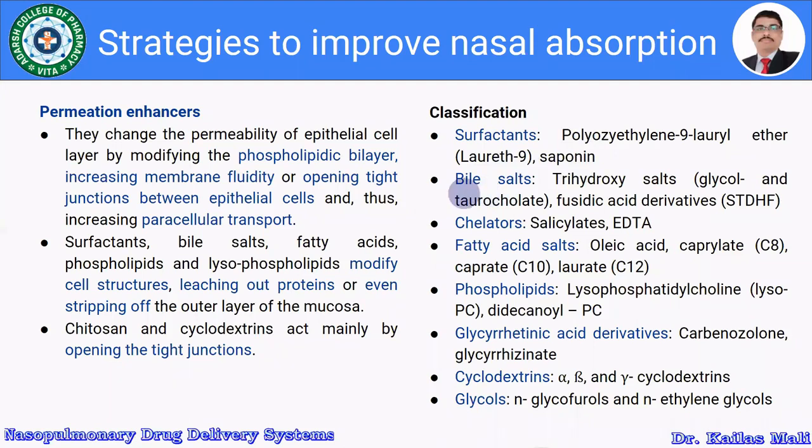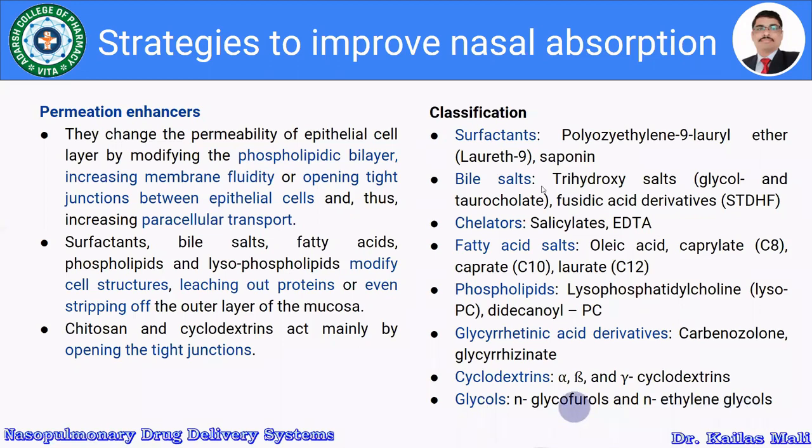Then the bile salts, like trihydroxy salt, glycocholate and taurocholate, fusidic acid derivatives; chelators, for example salicylates and EDTA; fatty acid salts like oleic acid, caprylate, caprate and laurate; phospholipids like lysophosphatidylcholine and didecanoyl PC; glycyrrhizinic acid derivatives, for example carbenoxolone and glycyrrhizinate; cyclodextrins like alpha, beta, gamma cyclodextrins or HPBCD; glycols like N-glycofurol and N-ethylene glycols.